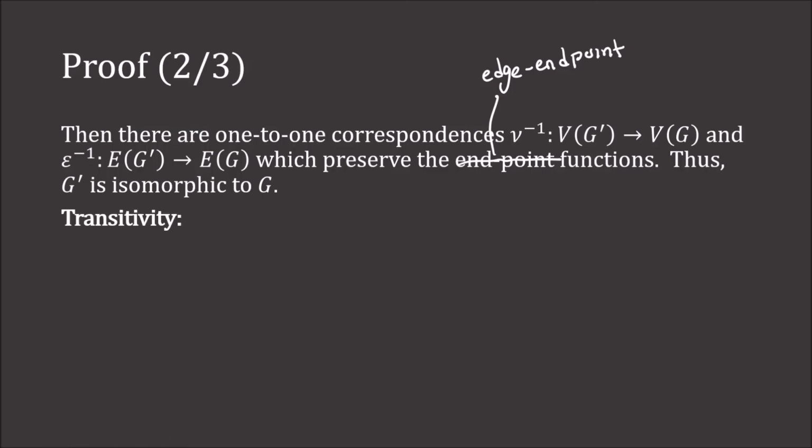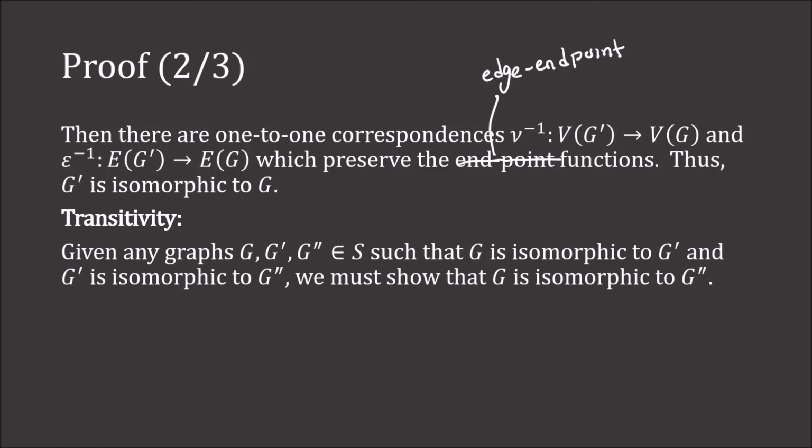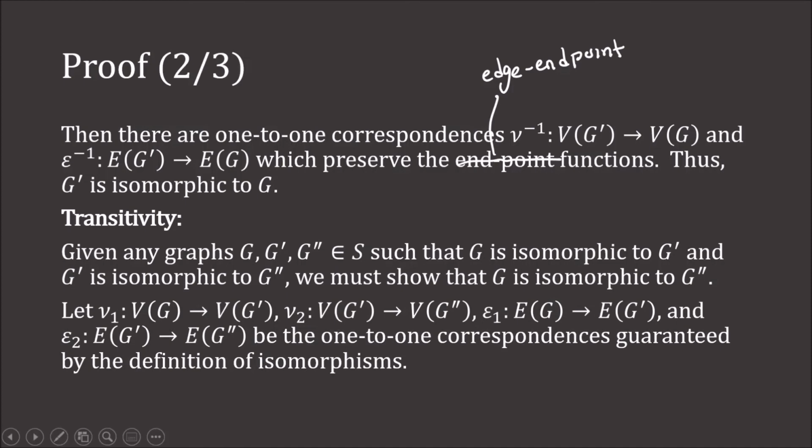Now for transitivity. So given any graphs G, G prime, G double prime, and S, such that G is isomorphic to G prime and G prime is isomorphic to G double prime, what we have to do is show that G is isomorphic to G double prime. Now we know that one-to-one correspondences are guaranteed to exist, so we say, okay, nu 1 is V of G to V of G prime, epsilon 1 is E of G to E of G prime.